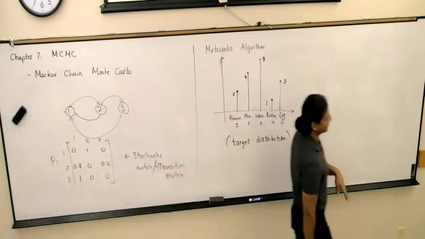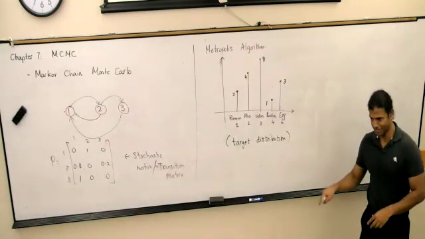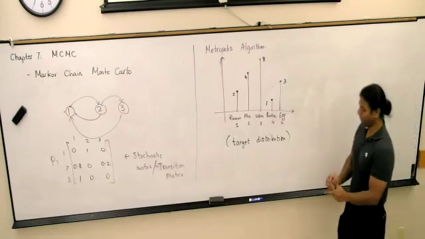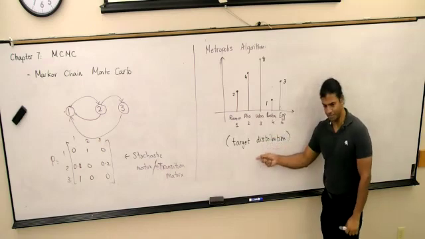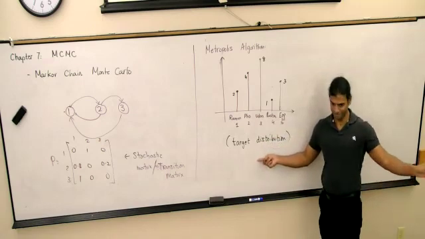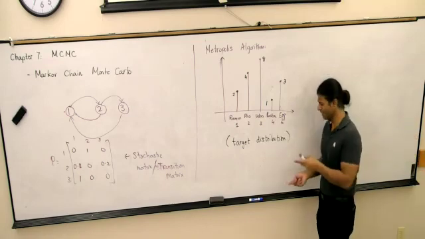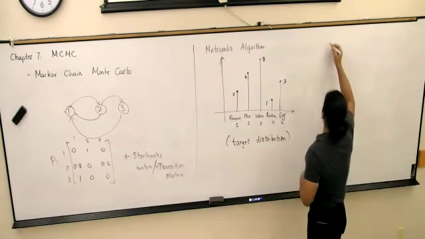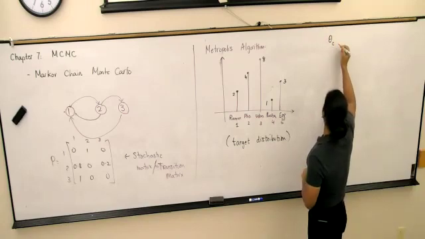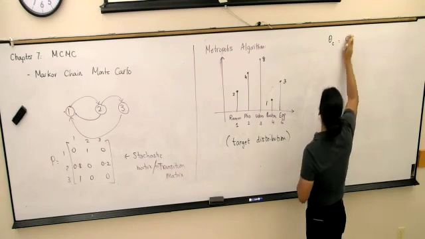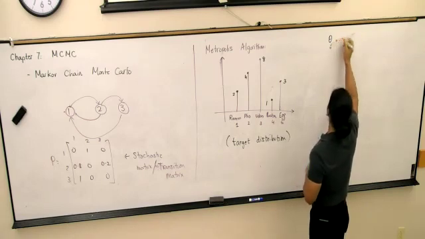But the book uses theta. Don't confuse this theta with the parameter itself, even though they are related, because the target distribution is nothing but the posterior distribution that we are trying to sample. Good. So suppose I have theta c. Target distribution is the posterior.